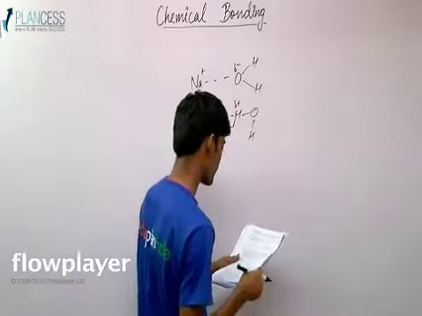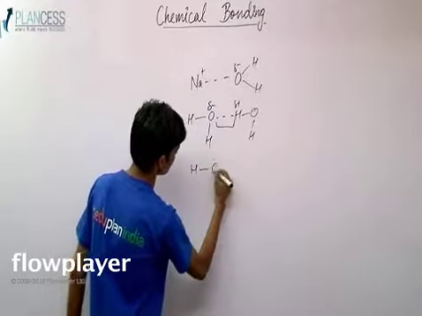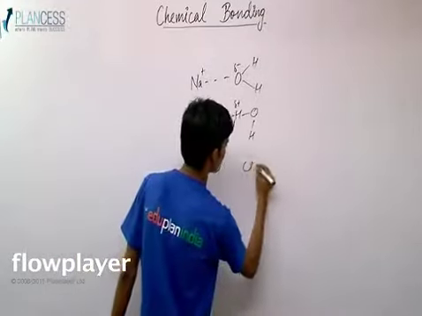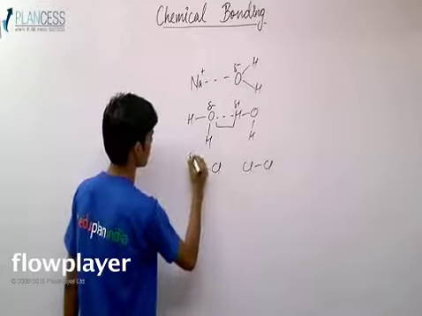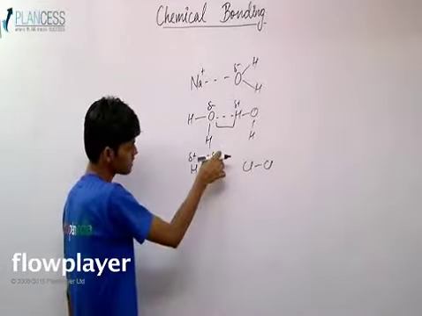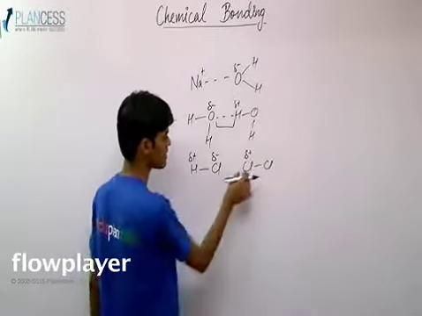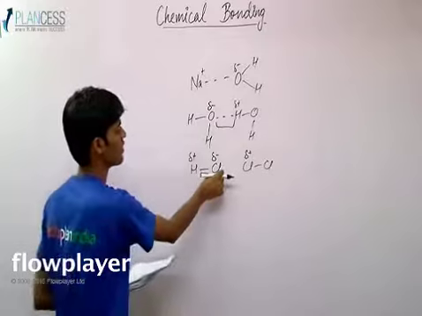Another one is dipole induced dipole interaction, which would be something like this: this is HCl, with a positive charge on H and a negative charge on Cl. This negative charge will cause a positive charge to develop, induced because of this dipole.